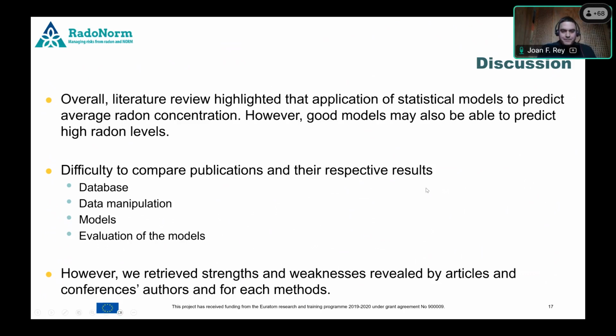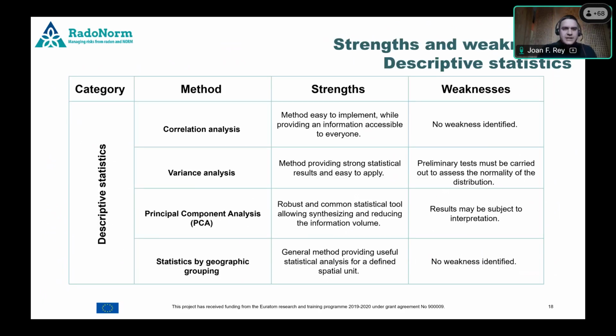So here, just to go a bit deeper, we retrieved the strengths and the weaknesses revealed by the article authors, but also by us, for each method. I'm not going to go through all the different methods, but just to say first that the descriptive statistic methods are basically easy to implement.